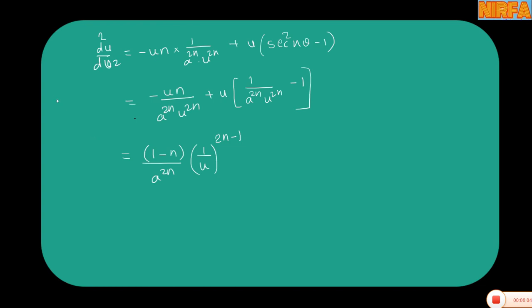Here we will write d2u by d theta square plus u. We are adding plus u on both sides, and then after simplification we will get this one.